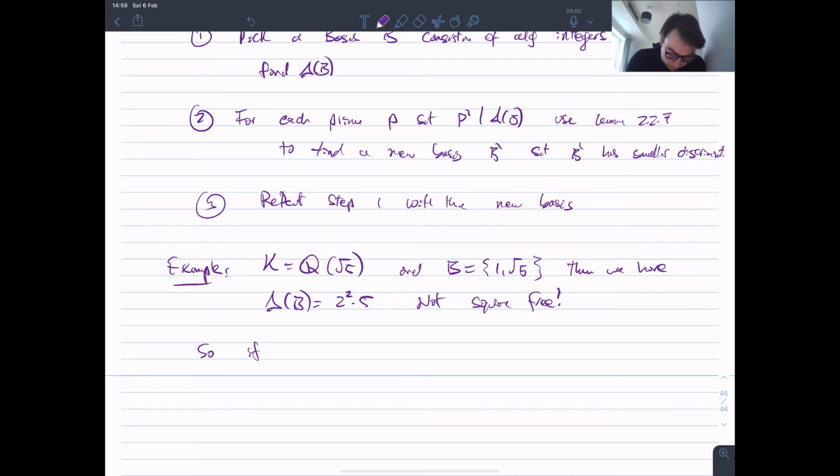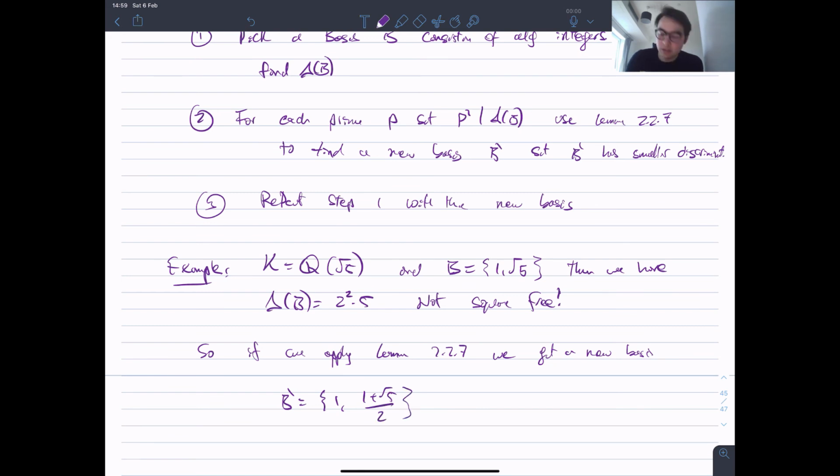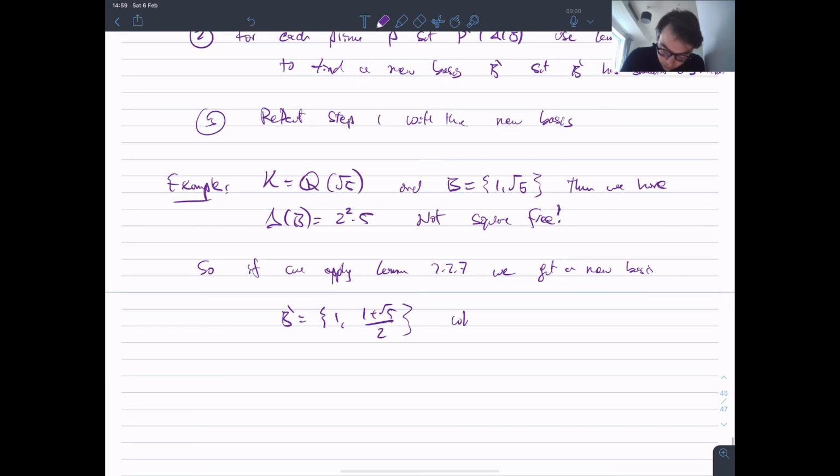So if you apply now 2.2.7, if you work through, you'll find you get a new basis. Say B primed, it's going to be 1 plus √5 over 2, which has discriminant 5.